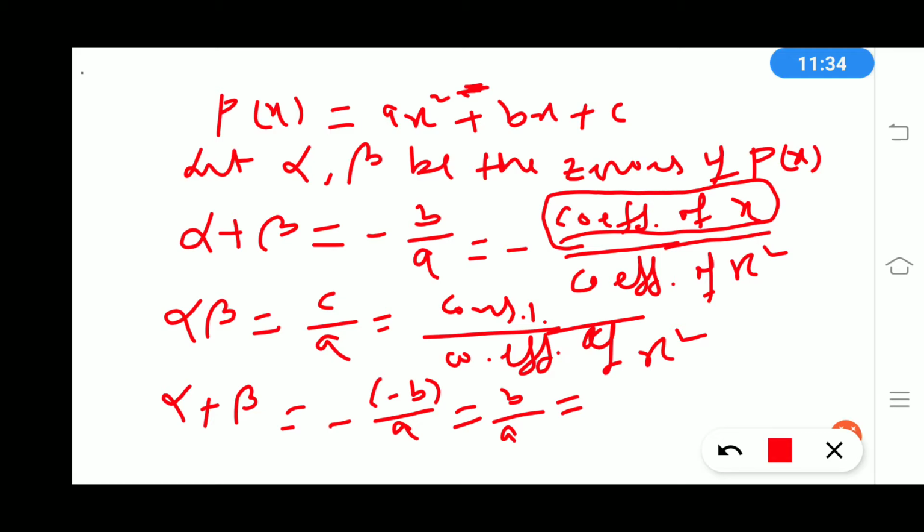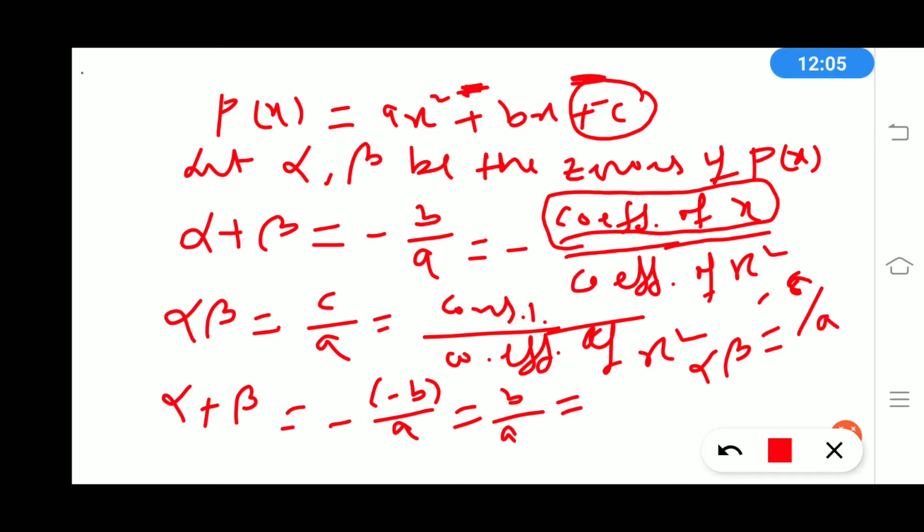Clear? That means if the polynomial is in the form ax square minus bx plus c, or ax square minus bx minus c, then alpha plus beta equals this, but alpha beta equals c by a, where the constant term is minus c, that means minus c divided by a.